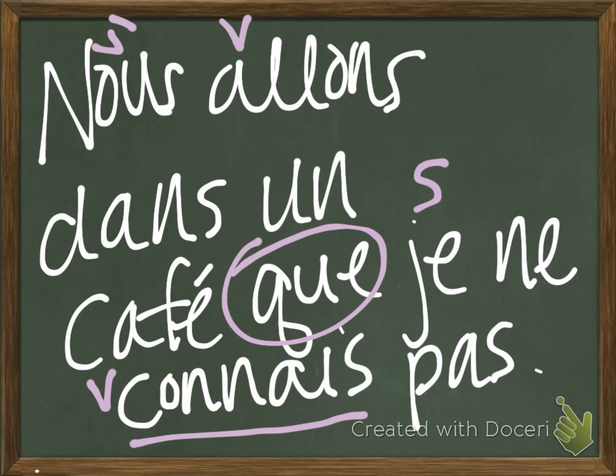And this is the difference between who and whom in English. After who, we have a verb. Qui, we have a verb. After whom, we have a subject and a complete sentence, just like after que, we have a subject and a complete sentence. Sometimes the qui versus que helps people understand the difference between who and whom in English. So again, pause the video, try numbers 1 through 7. When you unpause the video, the answers will show up.